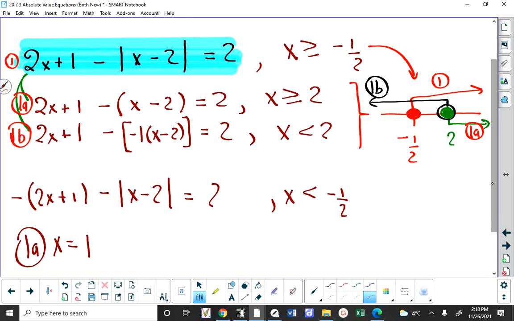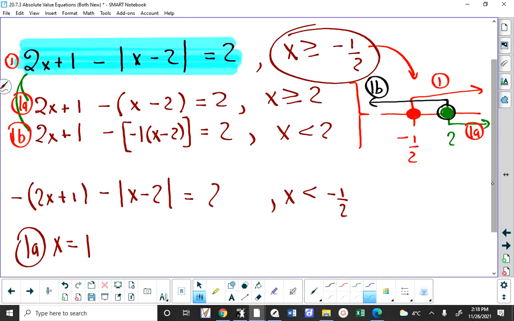Is 1 in the domain x is greater than negative 1/2? Yes. But is it in the domain of 1a? Well, 1a says x has to be greater than or equal to 2. And it's not. So it wouldn't be a solution.